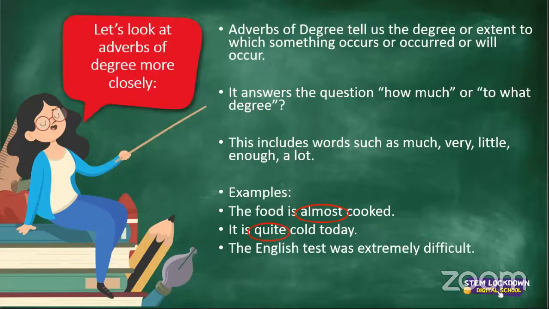How much was the difficulty level? Good, you guys are getting the answer. Well done. Extremely difficult. But I think with this smart class next time, I'll have to use an example like the English test was extremely easy, it seems to me. Okay.